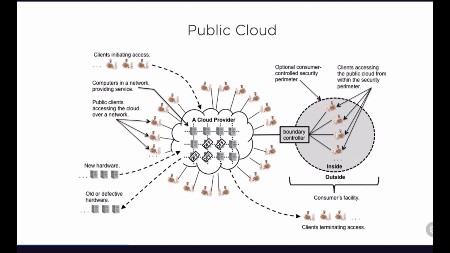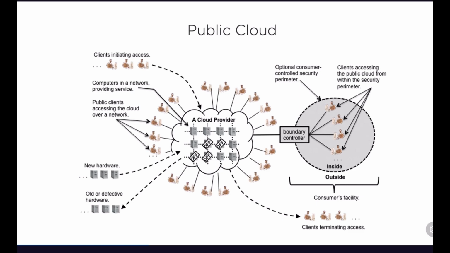If we went back to a traditional type of operation, we had then a consumer's facility with their users, and quite often they would have their own equipment. But now they are able to subscribe to a cloud-based service and not necessarily have to have that equipment on their own site or location.